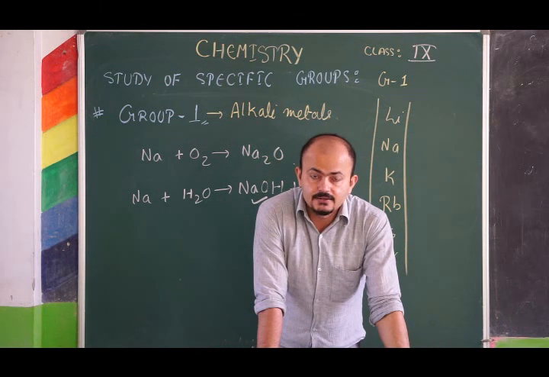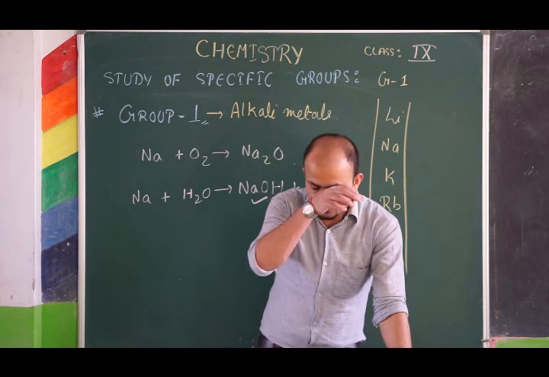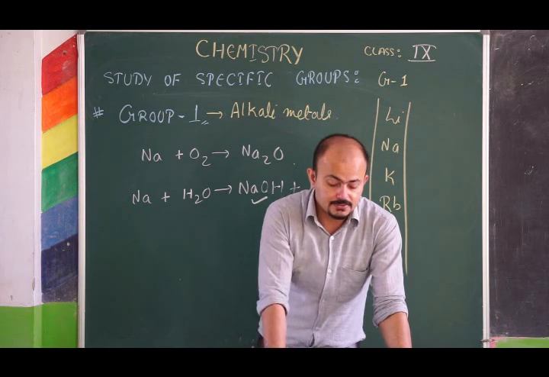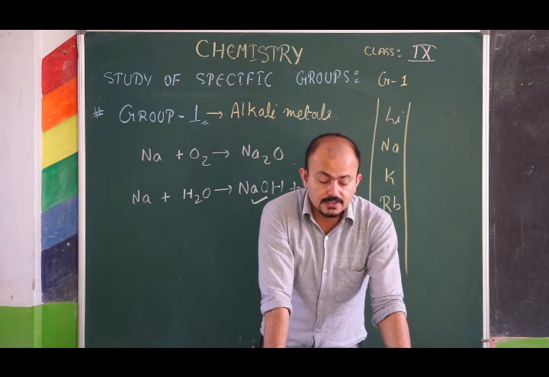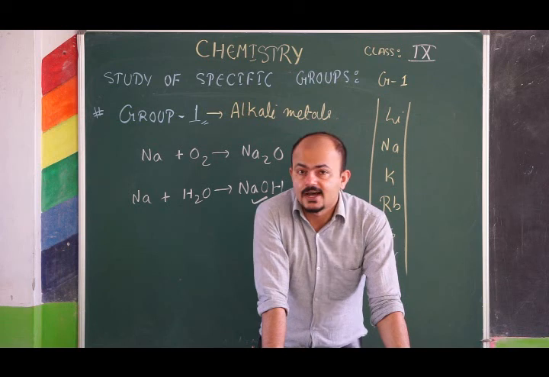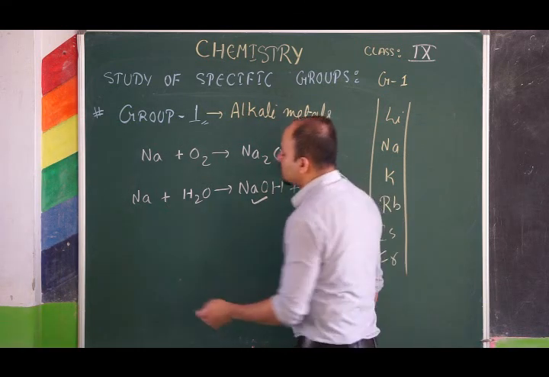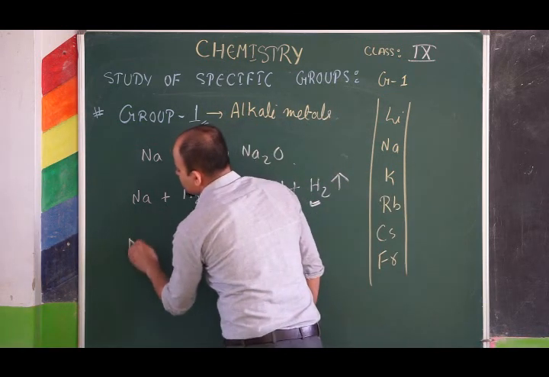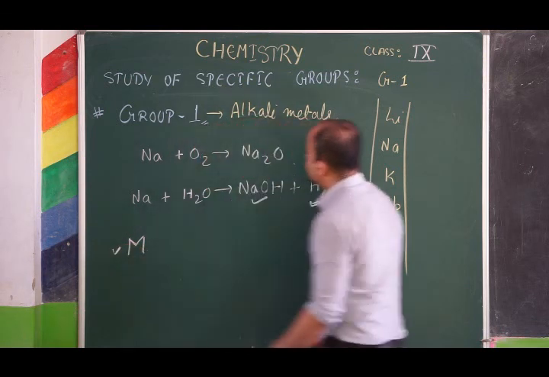Action of acids. Whenever these group 1 metals react with acids, they always form salt and hydrogen. Hydrogen is very important here. So, this M denotes any of these metals.